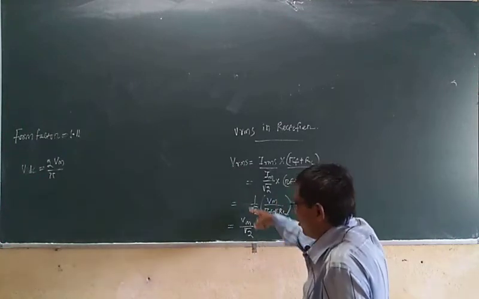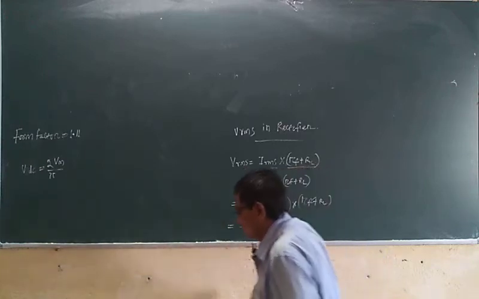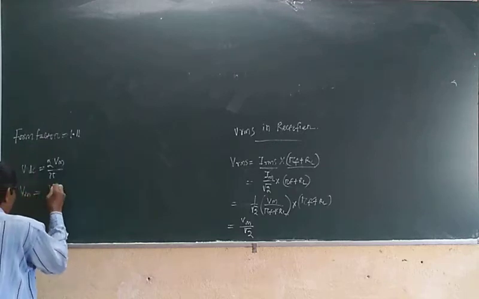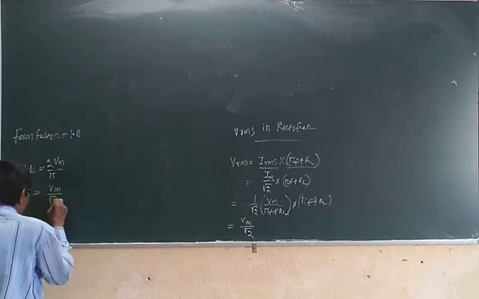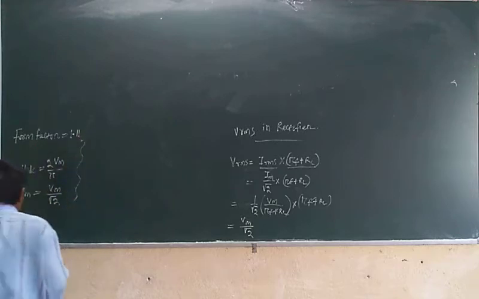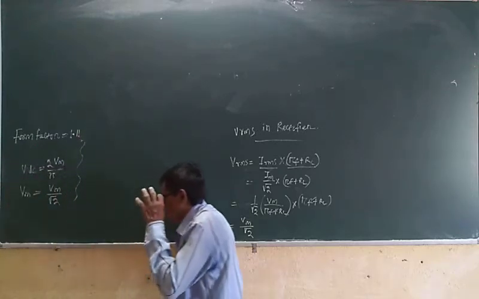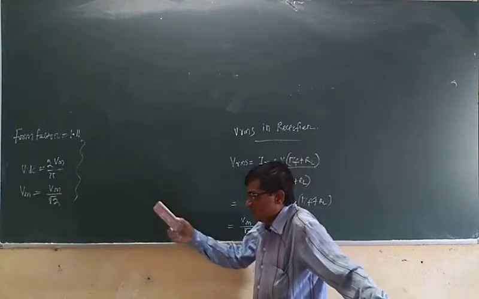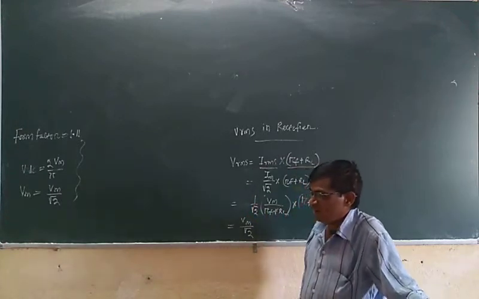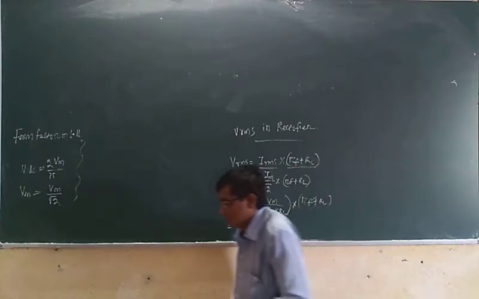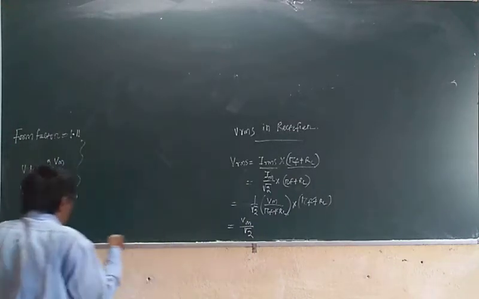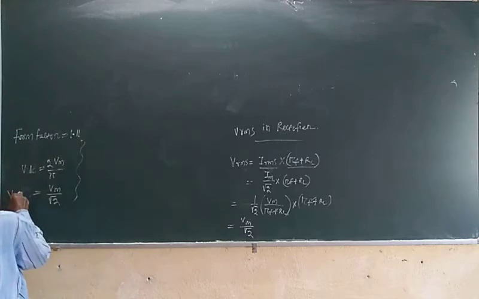So another analysis, Vrms is Vm by root 2. So these three analyses of a full wave rectifier: the form factor 1.11, VDC 2 Vm by pi, and VRMS, that is Vm by root 2.